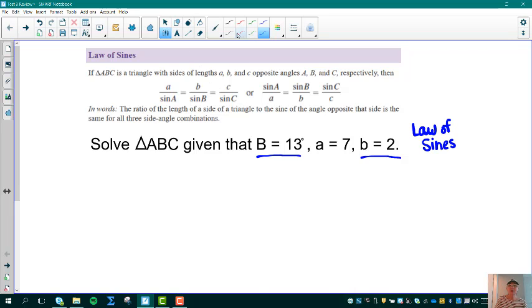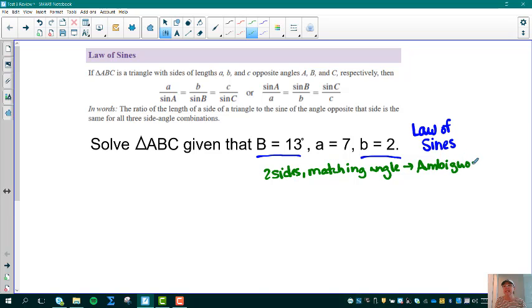In addition to the law of sines, when you go to set it up, you want to be on the lookout for, do I have two sides and a matching angle? Because if you do, you have what we call the ambiguous case. And that's what we're dealing with here.